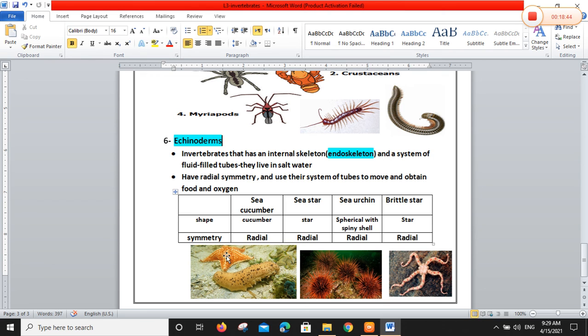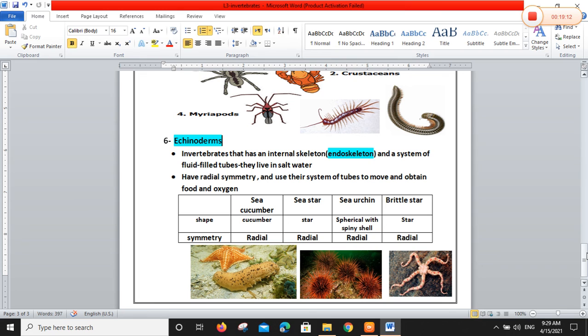Sea urchin is spherical with a spiny shell, and the body is also radial. Brittle star looks like a star also, with radial symmetry. They use their system of tubes to move.